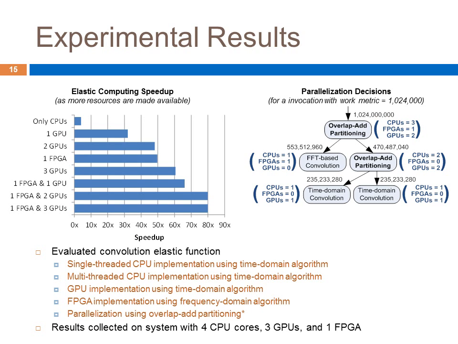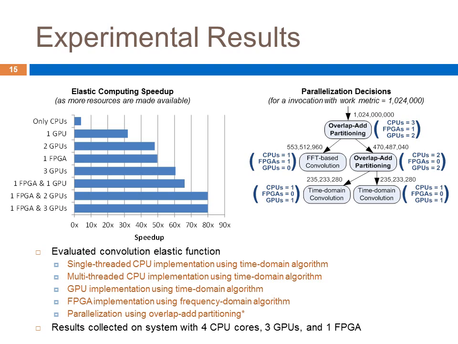So there are more detailed experiments in our papers, but I wanted to give a quick overview of one interesting example of elastic computing. What we did here was we evaluated an elastic function for convolution on a system that was basically a quad-core microprocessor.